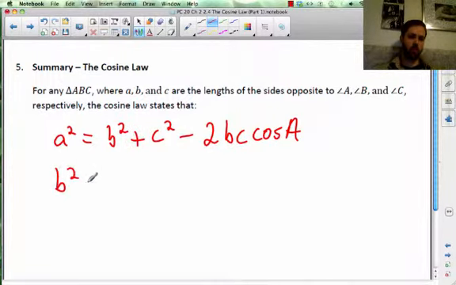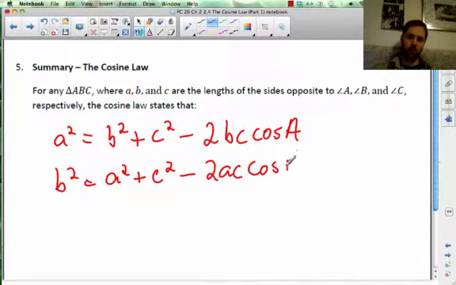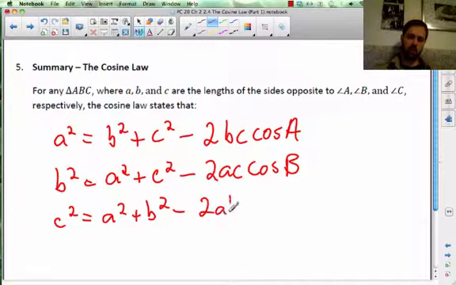And of course, b squared equals a squared plus c squared minus 2ac cos B. And finally, c squared equals a squared plus b squared minus 2ab cos C.